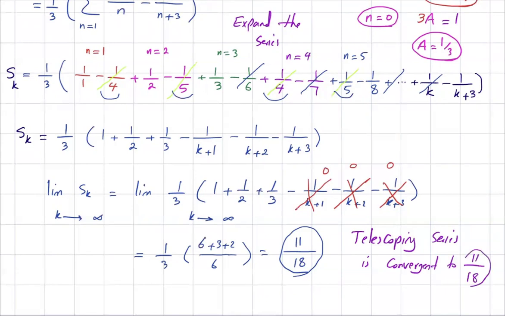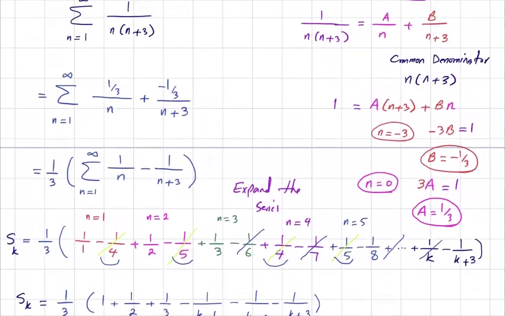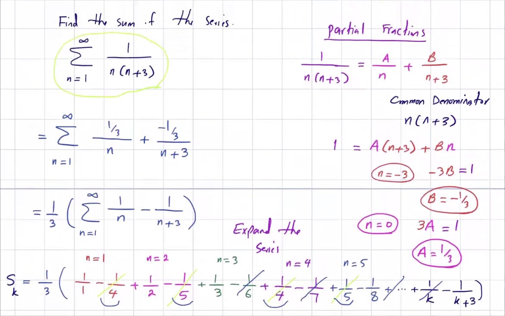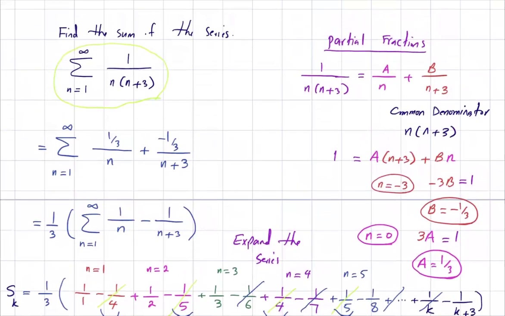11 over 18. So let us summarize what we did. Here you have the summation of 1 divided by n times n plus 3. I didn't ask you to check the convergence and divergence of this series. I asked you to find the sum. If I add these fractions together, where does it go? What does it approach? First, we use the partial fractions to break it off into smaller pieces.